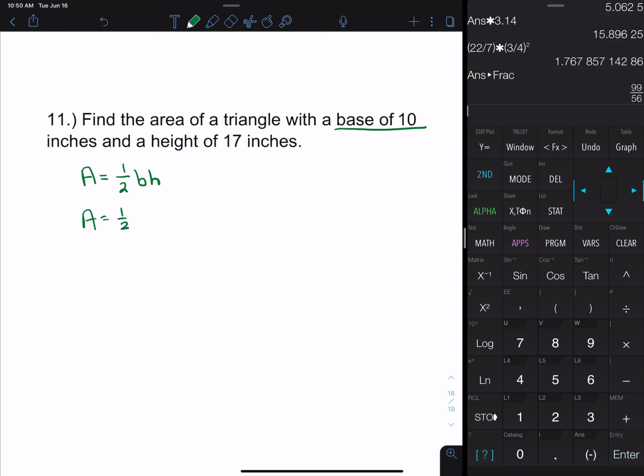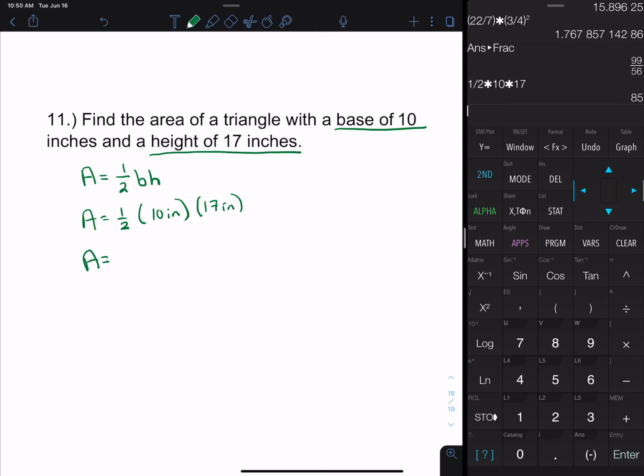So for that B for base, I'll put in 10 inches. And a height of 17 inches. So I'll put in 17 inches there. And then I can just multiply this out. So I have 1/2 times 10 times 17. And that gives us 85. And then the inches times inches gives us inches squared.